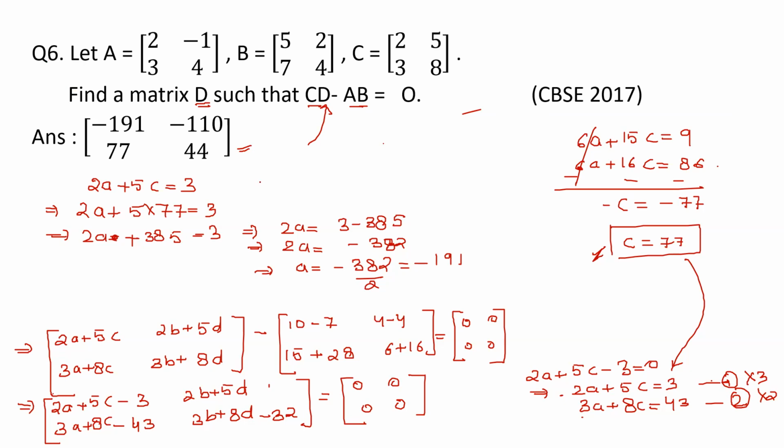You're not getting it? Okay, Rifat. So this a and c is clear. From these two equations, we have found out a and c. This is clear? Okay, okay. Then we will solve the rest of the equations.